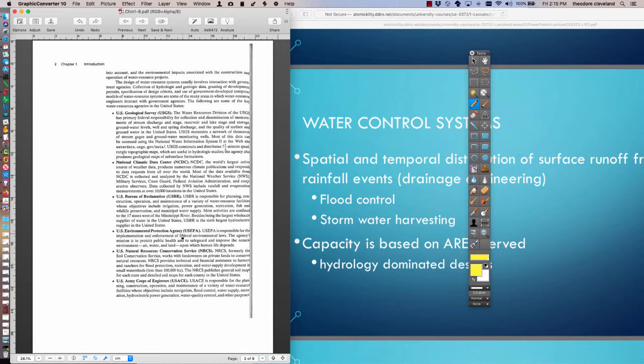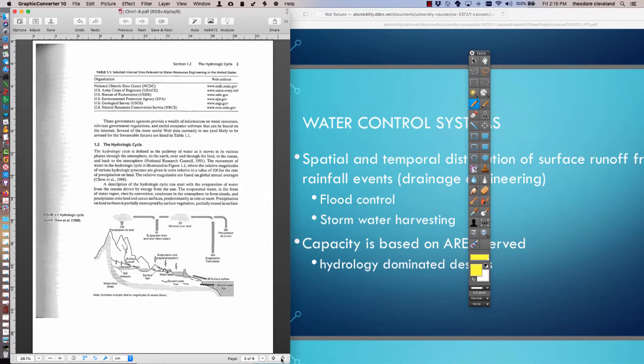The Environmental Protection Agency and the Natural Resources Conservation Service. There are others, of course, but these are large government agencies that are arguably directly involved with water and ultimately water systems design.